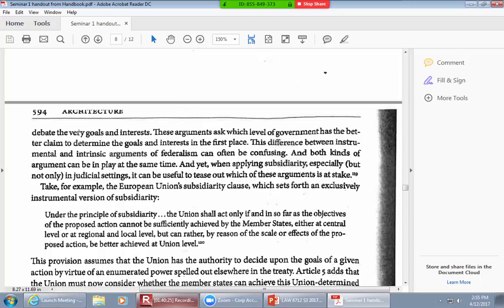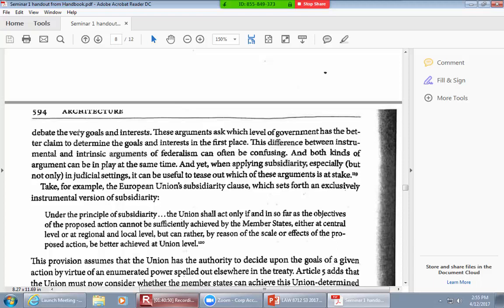Would it be cheaper to do it at the local level or at the federal level? And then you start talking about costs, such as the costs of coordination, the cost of information, and things like economies of scale, or scope, and so on. All right.